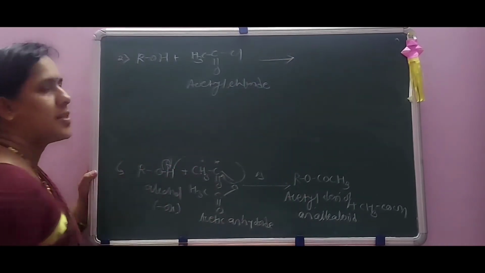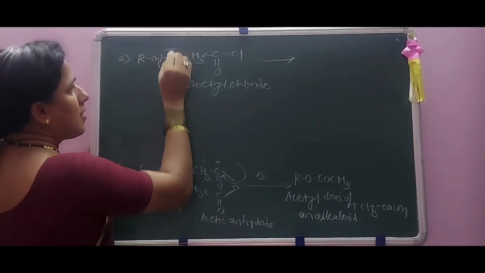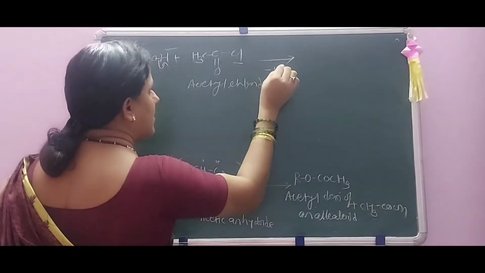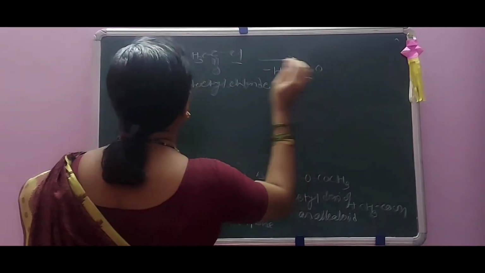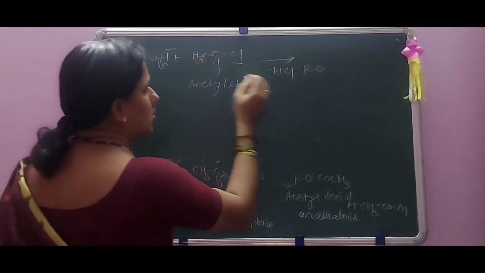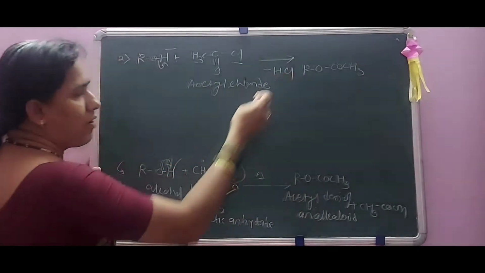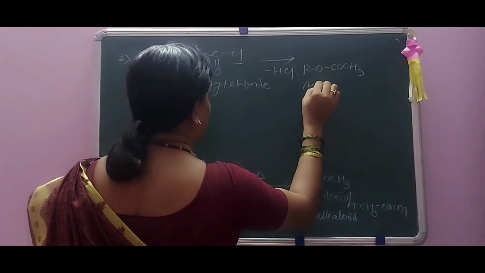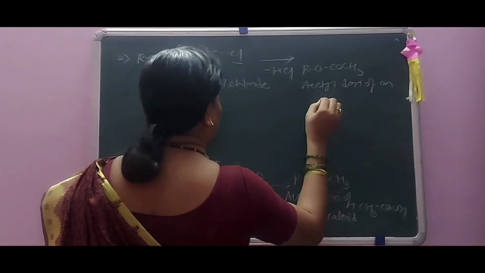There is removal of H and Cl, that is minus HCl, and formation of the acyl derivative of an alcohol, ROCOCH3. The same product is formed, the acyl derivative of the alkaloid.